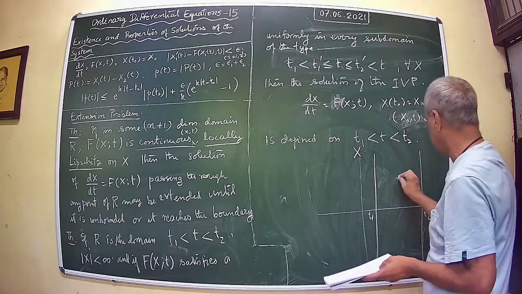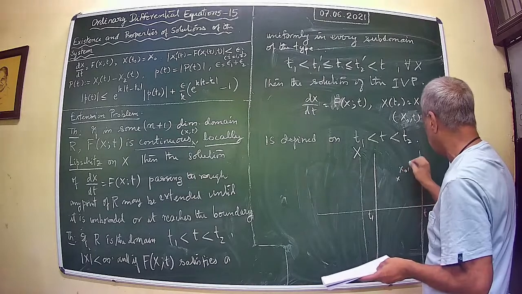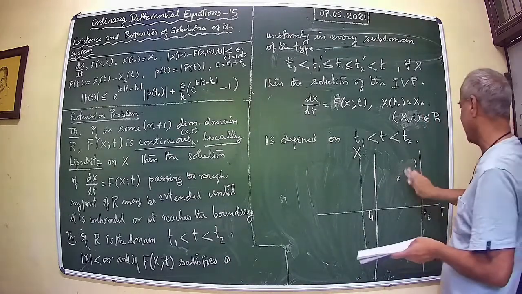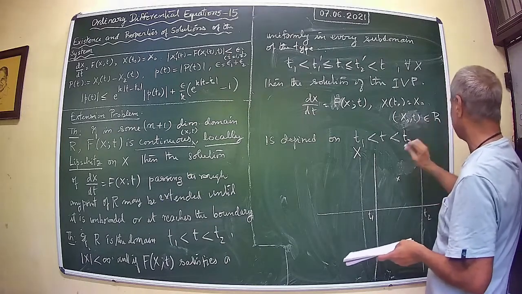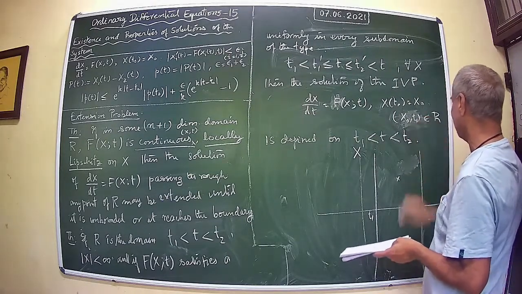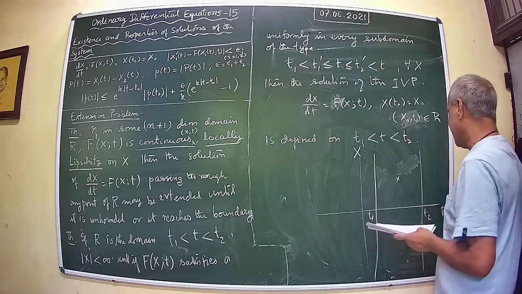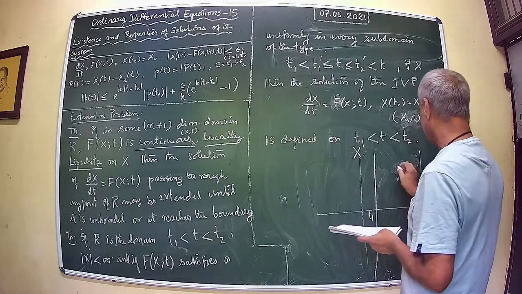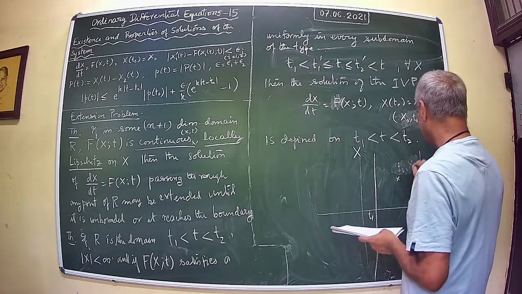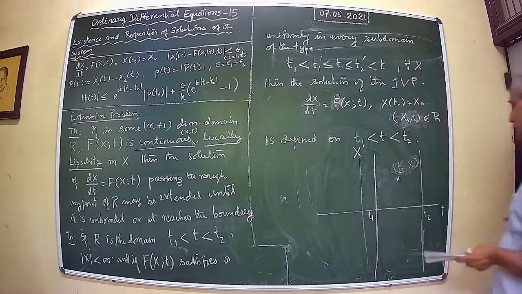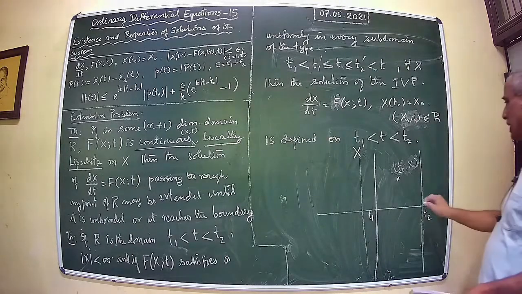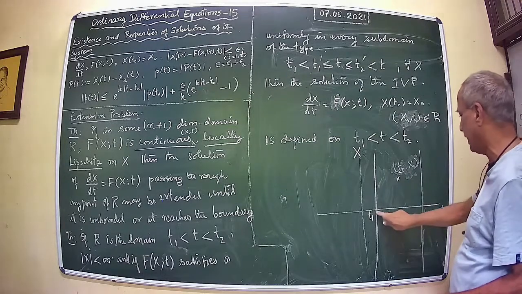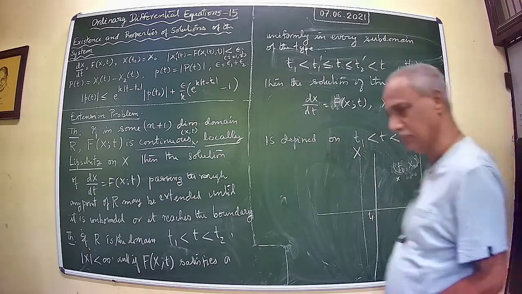So if there is some point here, the notation will be t naught, x naught, then you see that the integral curve or the solution of the differential equation is defined on the entire interval T1 to T2.